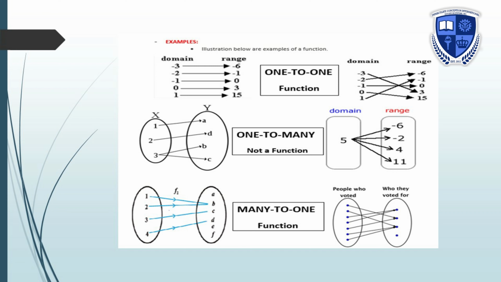Next, for many to one. Kung mapapansin nyo class, sa last mapping diagram natin ay yung dalawang x po natin ay meron lang pong isang y na pinuntahan. For example class, in real life, meron po tayong dalawang x. Ito po yung dalawang students na si Juan at Kyle.